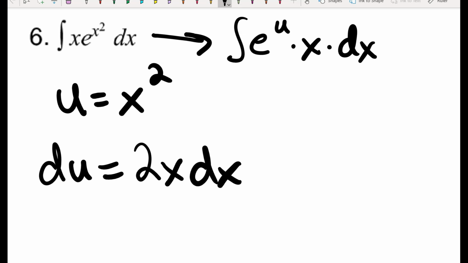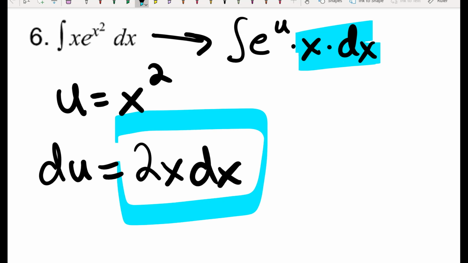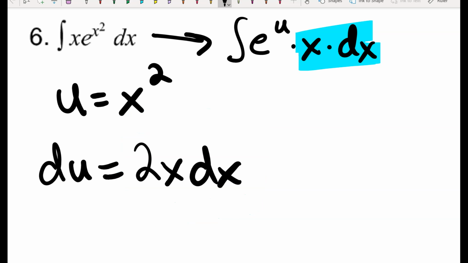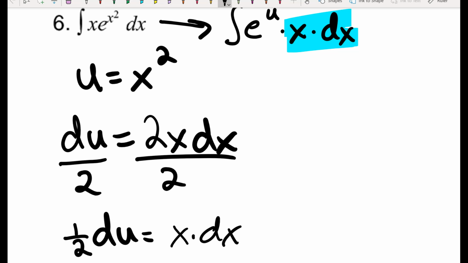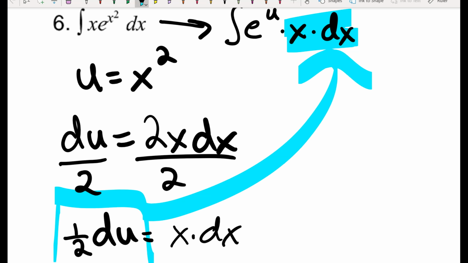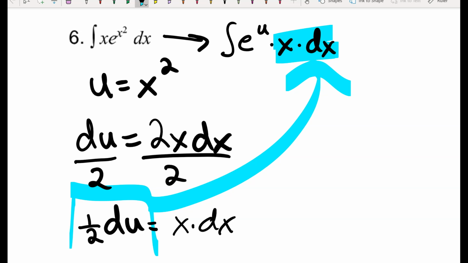Now, I only need to get rid of x dx, and my current expression for du says 2 times x dx. So to fix this, I'm just going to divide out the 2 to find that 1/2 du is equal to x times dx. So I'm going to take this expression right here, the 1/2 du, and just substitute that in for x dx.